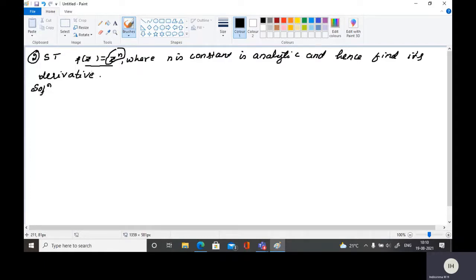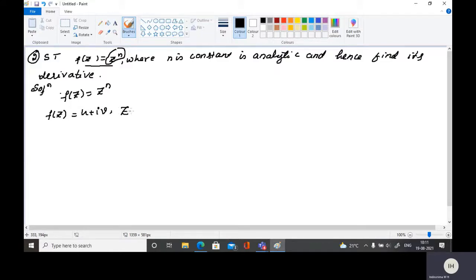So now consider the given function, f of z is equal to z power n. As we know, f of z is equal to u plus iv.